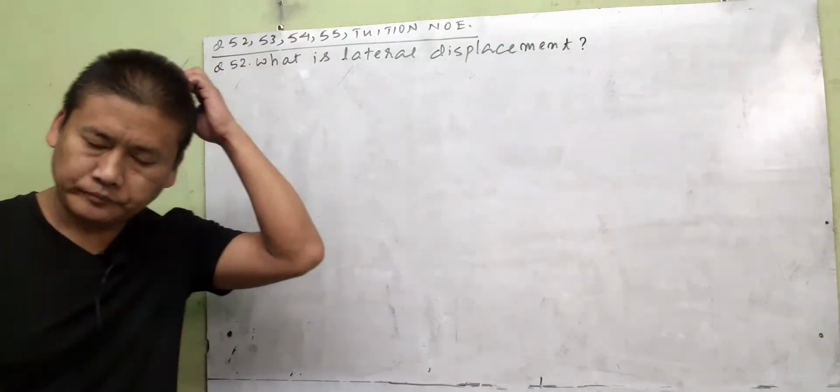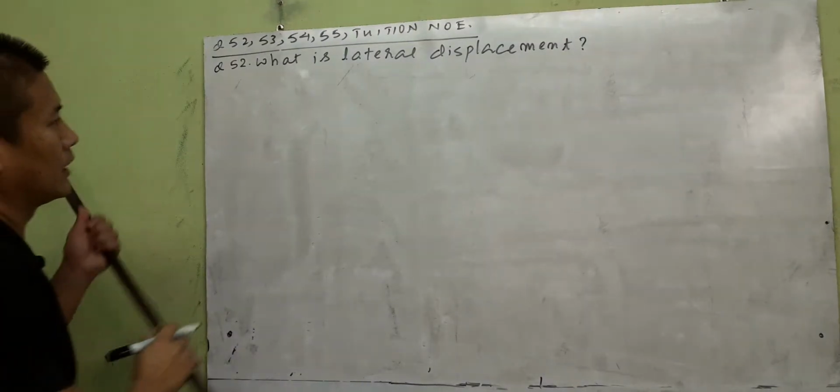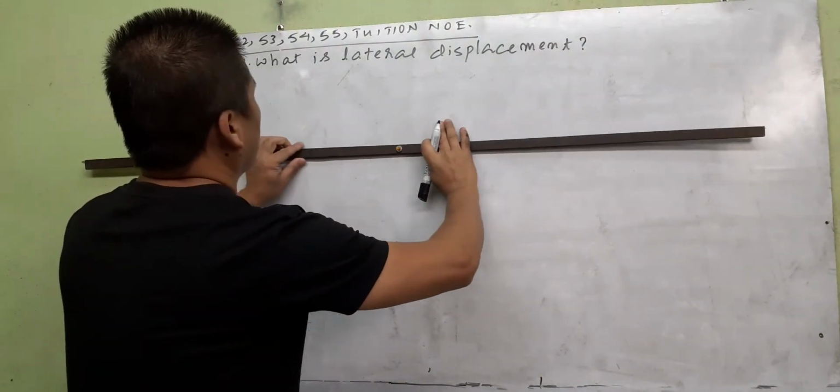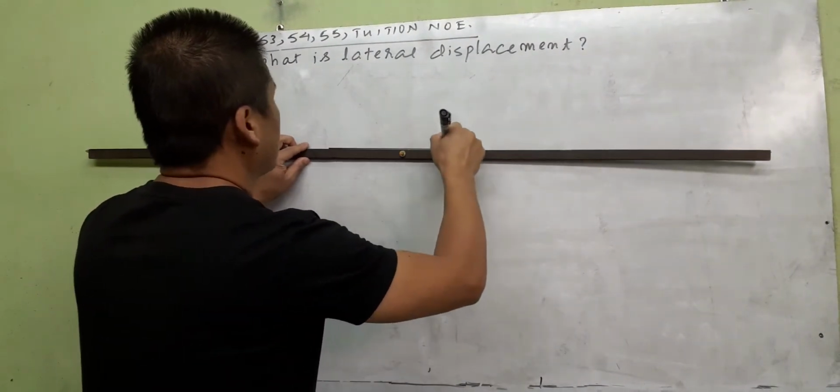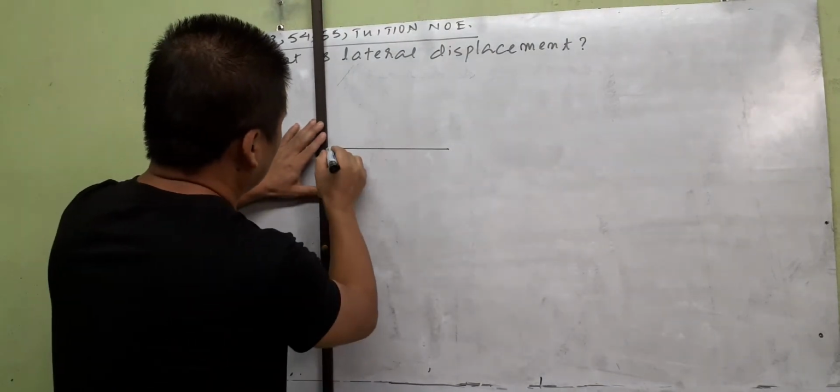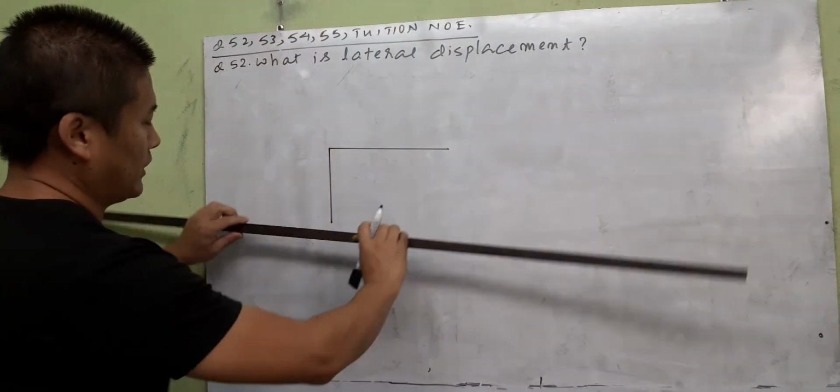Let us take a glass slab, a thick piece of rectangular glass. You draw that on your practice copy.